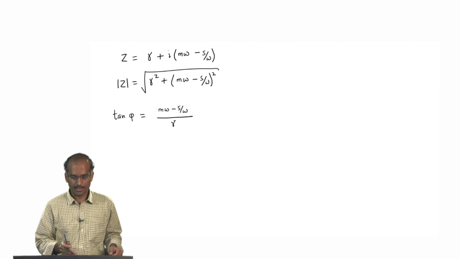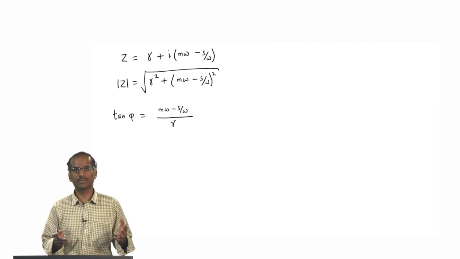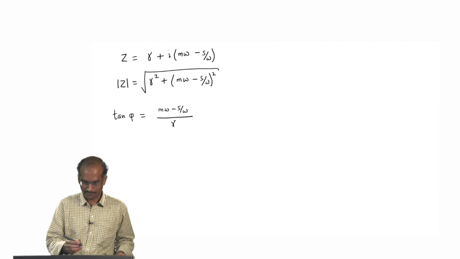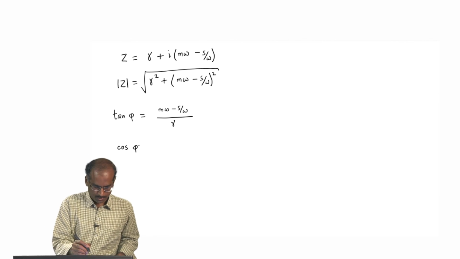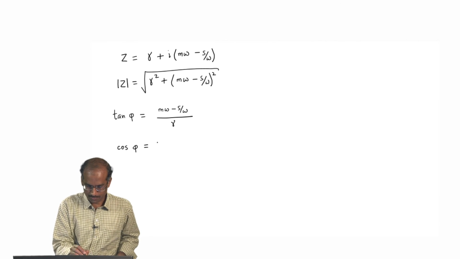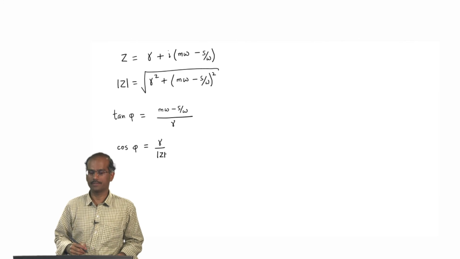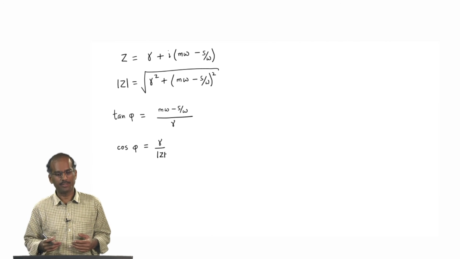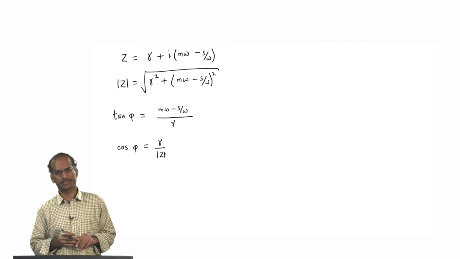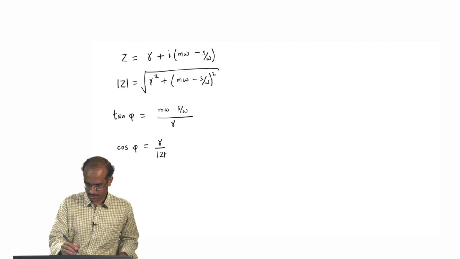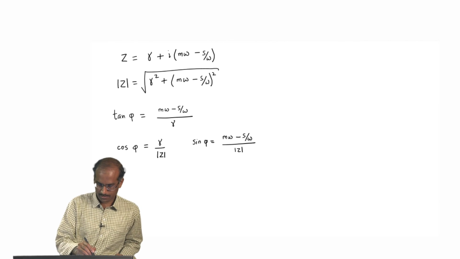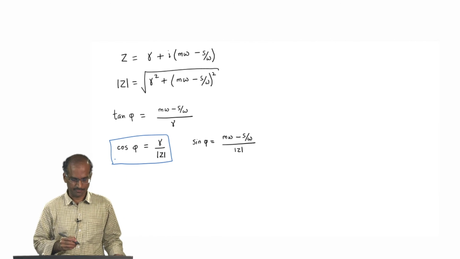So, if this is tan phi, we could also write expressions for cos phi and sin phi, in which case cos phi would be equal to gamma by mod z, and of course, sin phi would be equal to m omega minus s by omega whole thing divided by mod z. What we really need is this quantity, an expression for cos phi.